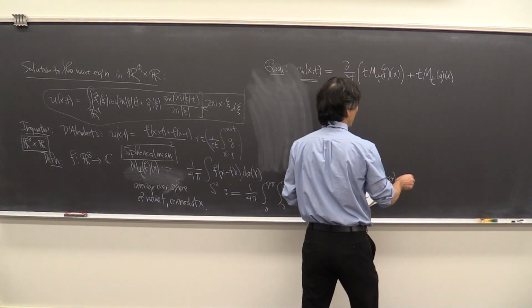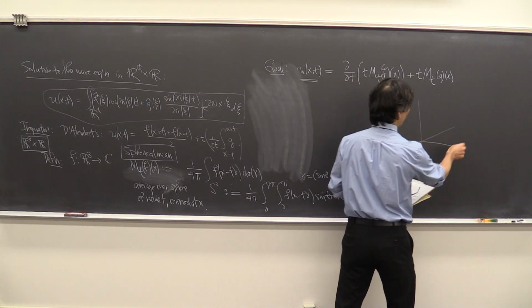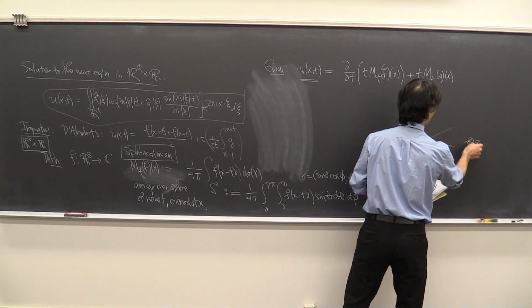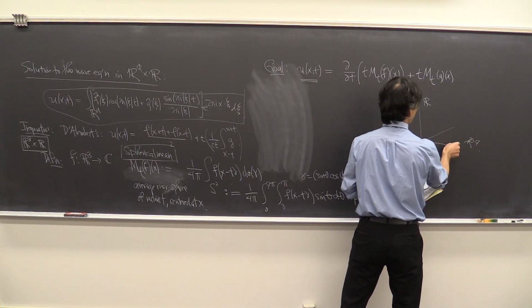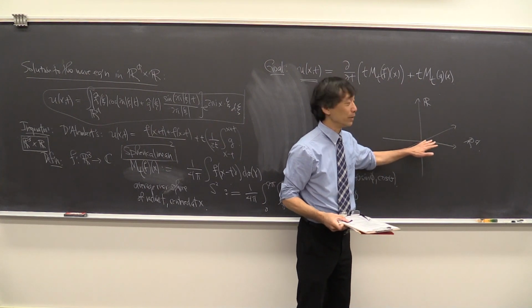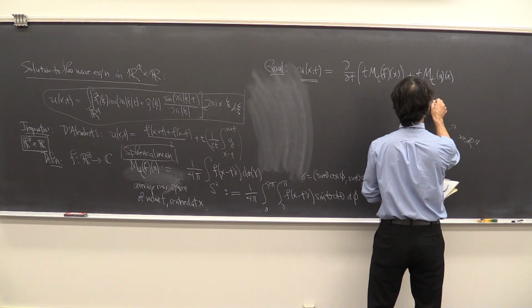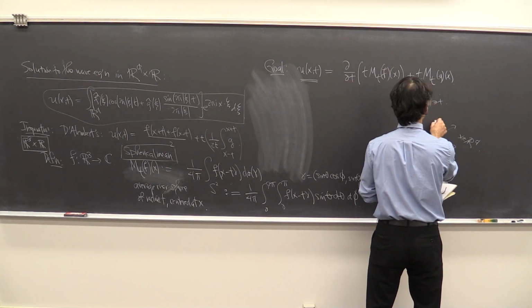Okay, so pictorially, if we think of this as R^d and this is R, so pretending that this is d-dimensional space and this is R, x lies in here, t lies in here, right?